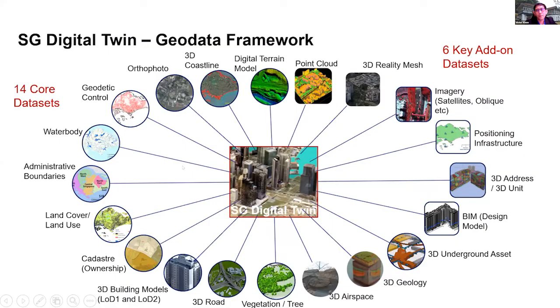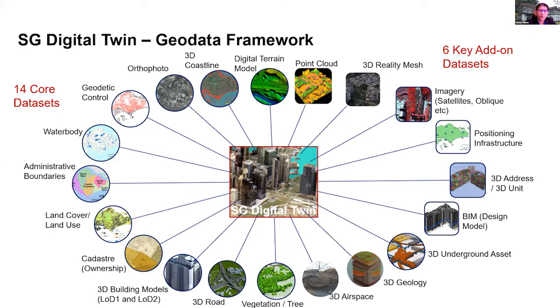So the main motivation for our work is really about digital twin. We all know that digital twin underpins the city of tomorrow. It is an important component from the perspective of a digital economy.